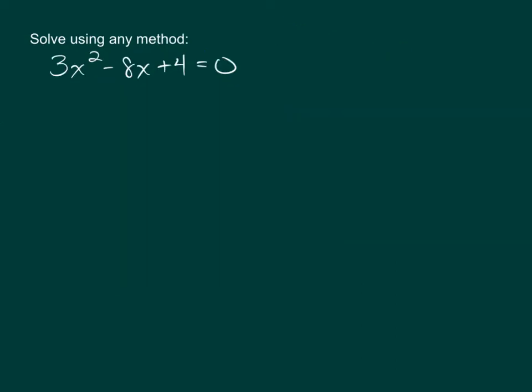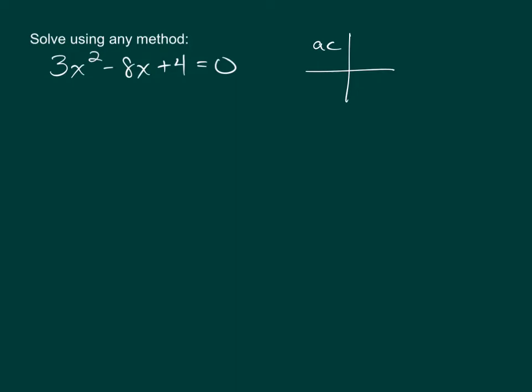Solve using any method. In the previous example, you were given 3 different methods to solve a quadratic equation: factoring, quadratic formula, and the square root property. I think it's always a good idea to check if factoring will work first, because if it does, then the solving becomes very easy.